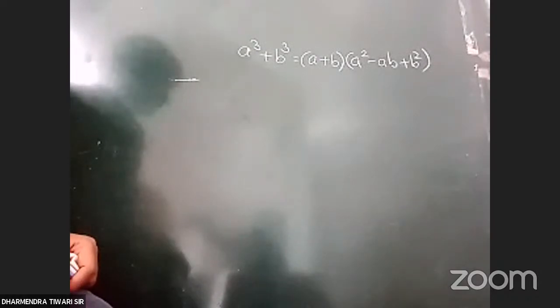The formula for a cube plus b cube is a plus b into a square minus ab plus b square. This is the formula that we are going to use in this practice set.